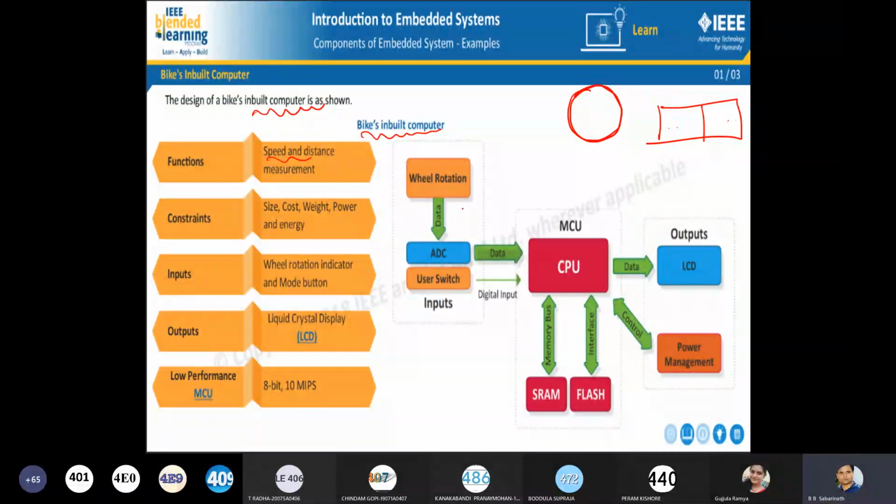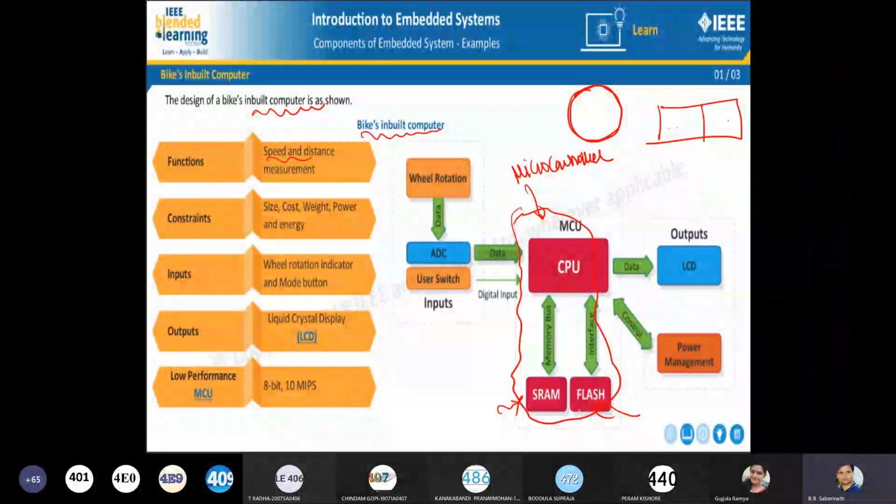What is happening, you know? Based on the wheel rotation, there is some sensor that is converting that data. It has some user inputs, like a user switch, and the CPU, which is the microcontroller. The microcontroller has memory: this is SRAM, static RAM memory, and this is flash memory.